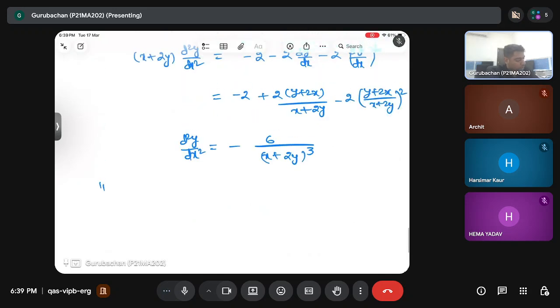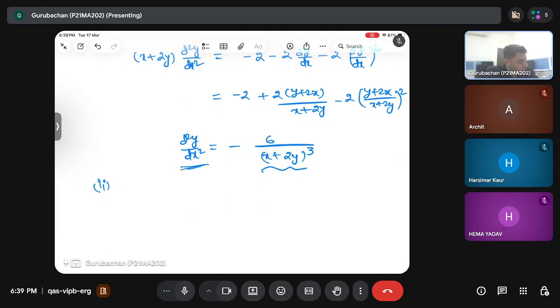So second part is, we need to see when this double derivative is greater than 0 and when it is less than 0. If you observe, this is kind of x cube. So whenever x cube is positive, then this double derivative is negative.